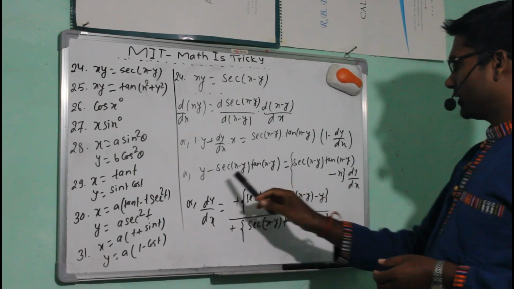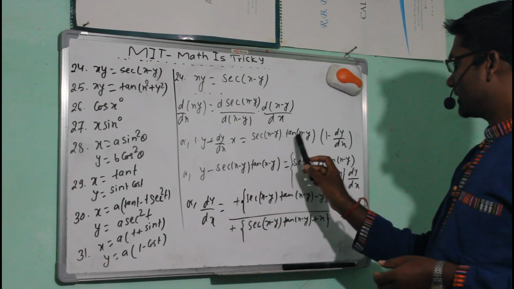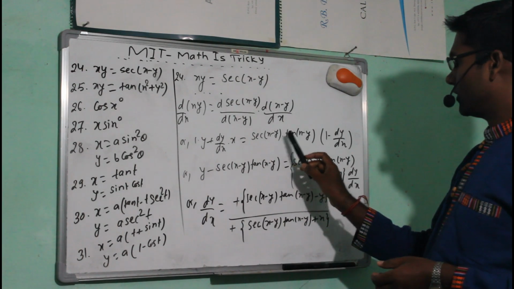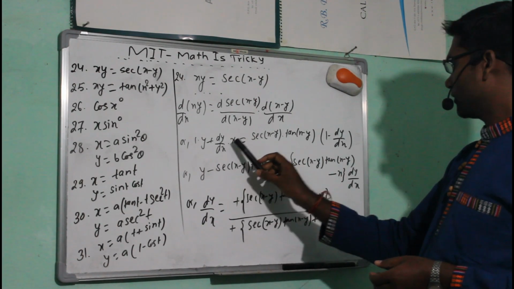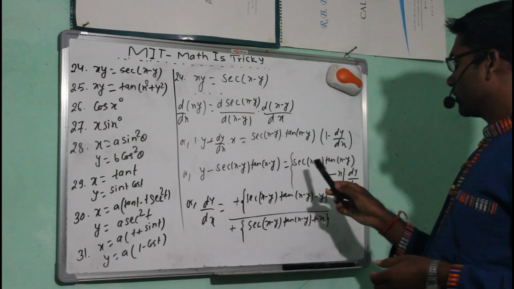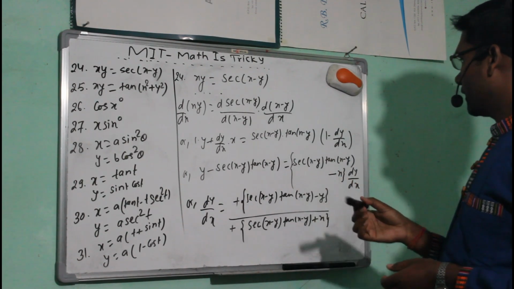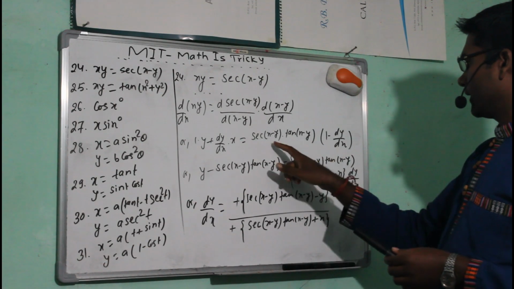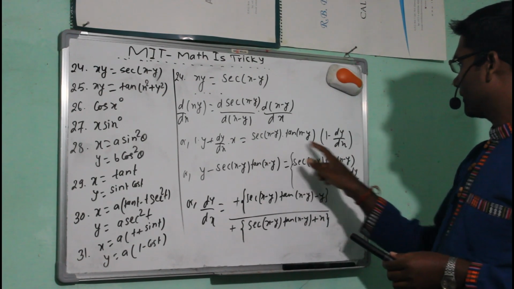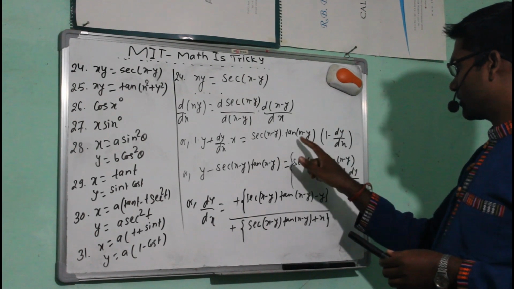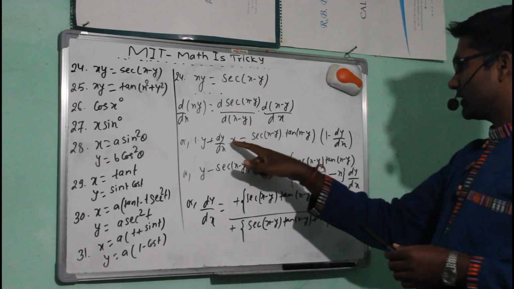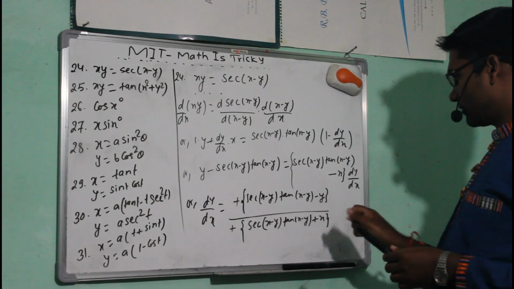So what I'm doing here is y, and minus this term, which is positive here. Now I'm bringing this to the left hand side, so it will be negative. Now bringing this to the right hand side, so the right hand side will be minus dy by dx sec x minus y tan x minus y, and minus this will also be minus, so minus minus plus will be the answer.